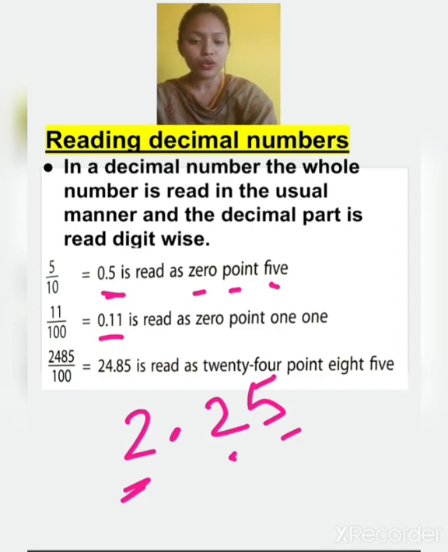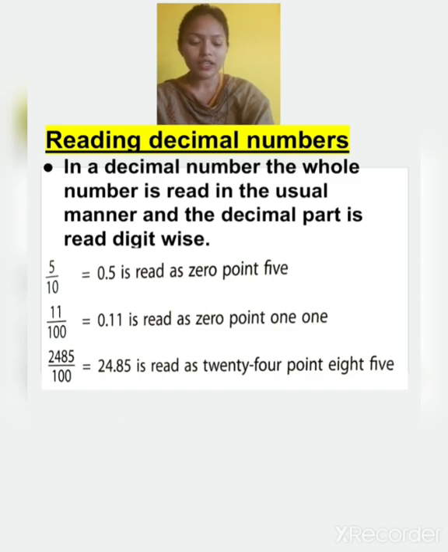Similarly, 2485 divided by 100, we will read it as 24.85, twenty-four point eight five, not eighty-five. The numbers after the decimal we read digit wise, not as a whole. So this way we can read the decimal numbers.